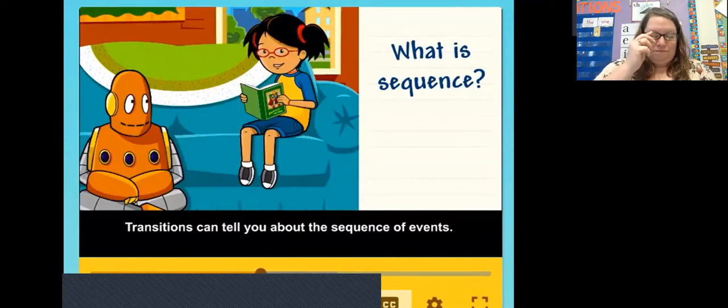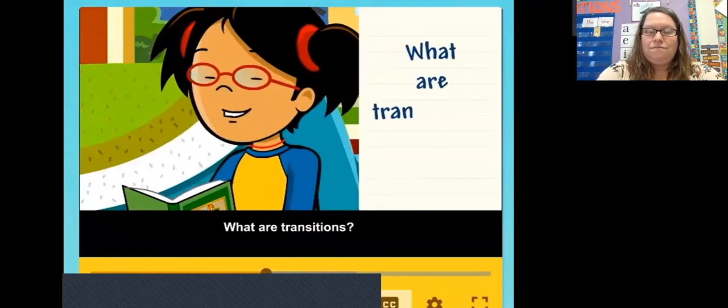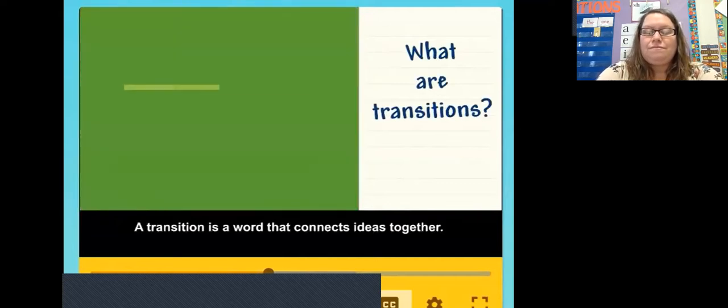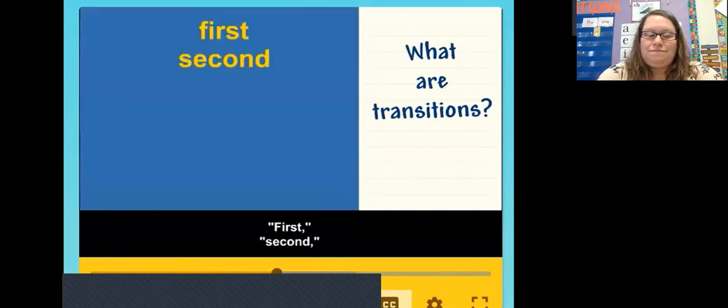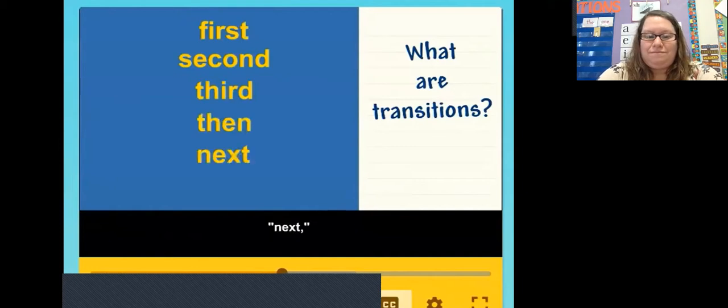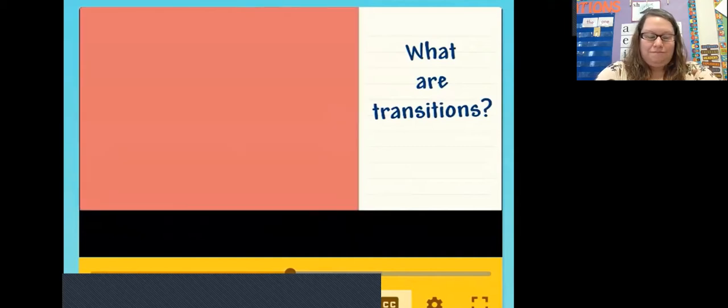Transitions can tell you about the sequence of events. What are transitions? A transition is a word that connects ideas together. First, second, third, then, next, and finally are all transitions that describe the order of events.